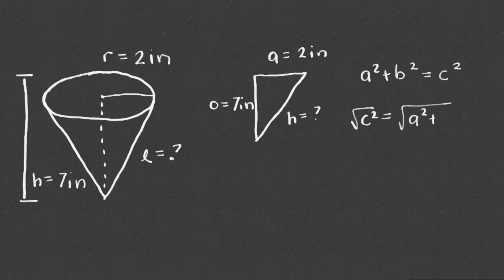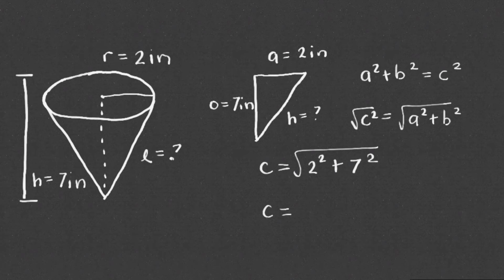So the square root of c squared is equal to the square root of a squared plus b squared. C is equal to the square root of 2 squared, which is the adjacent, plus 7 squared, which is the opposite. Therefore, c is equal to 7.28 inches. So now we know the slant height. We can now solve for the volume.